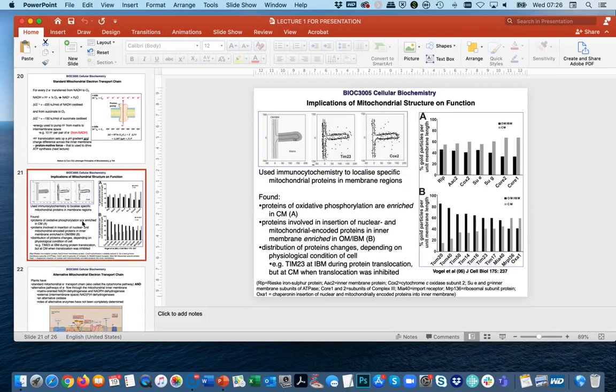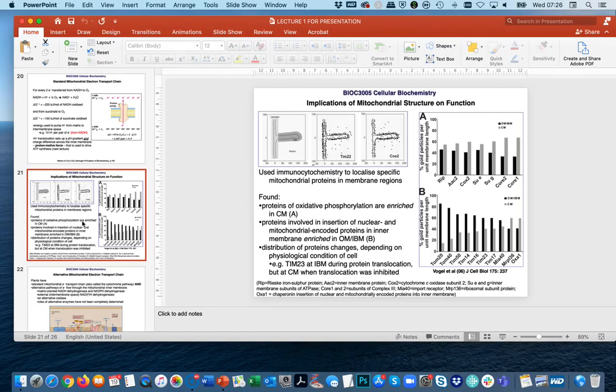Remember that yes, mitochondria have DNA, but some mitochondrial proteins are encoded by the nuclear DNA. Those nuclear encoded mitochondrial proteins have to move from the cytoplasm, where they're translated from the messenger RNAs, into the mitochondria where they are used.